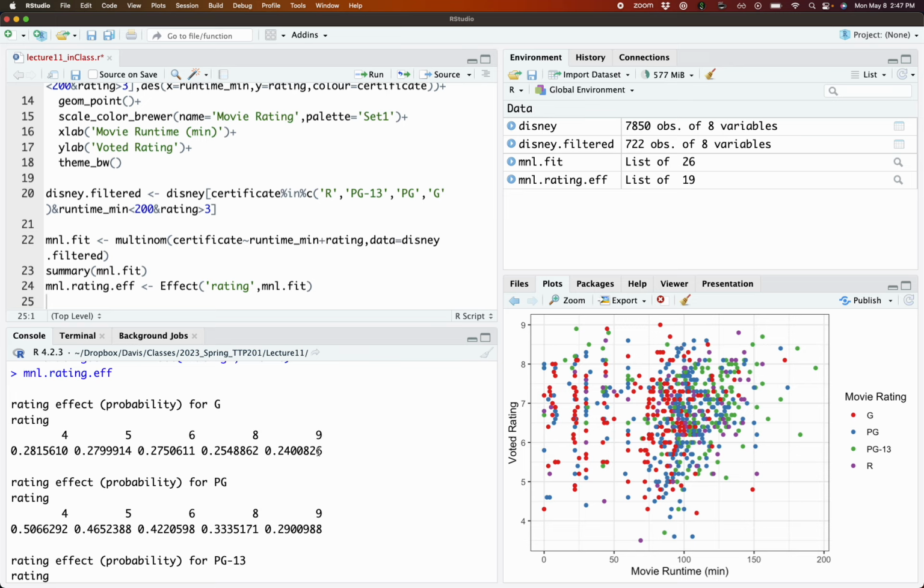If I have y equals beta x1 plus beta x2, I can't predict y with only x1. You also need x2, but essentially we've said only vary the rating. And so when you do this, the effect function is holding your runtime fixed to the average runtime. So it's generating a probability plot, right? But only at a certain specific runtime.